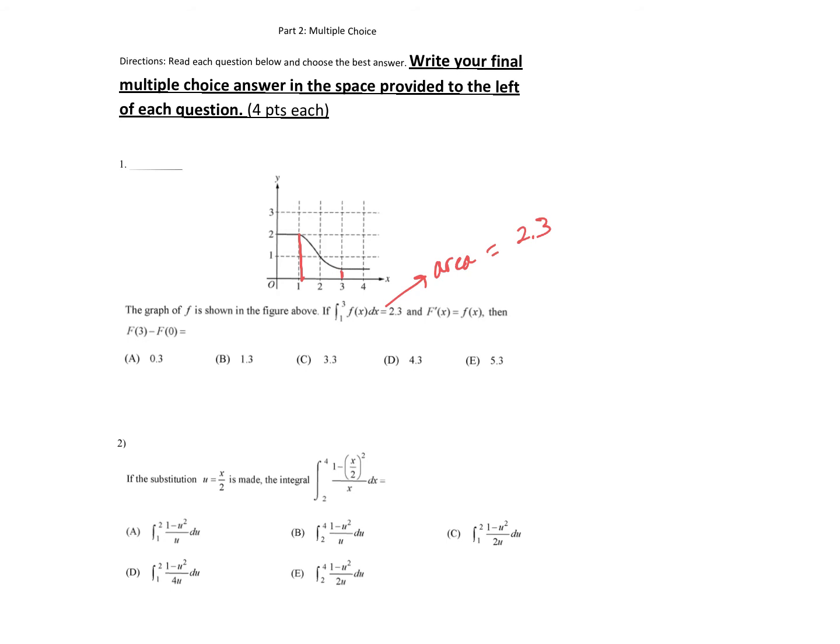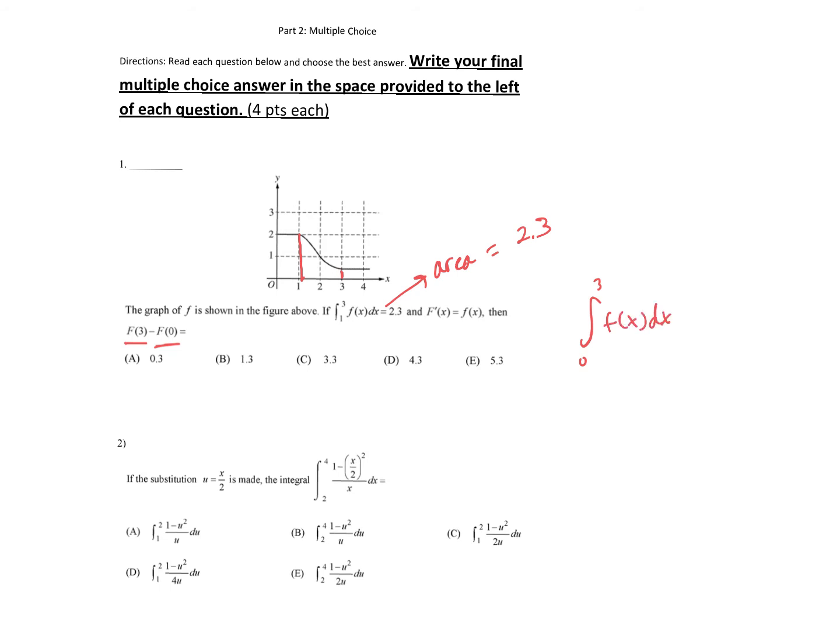They're asking, what is f of 3 minus f of 0? So what the question is really asking is, what is the integral from 0 to 3 of little f of x dx?